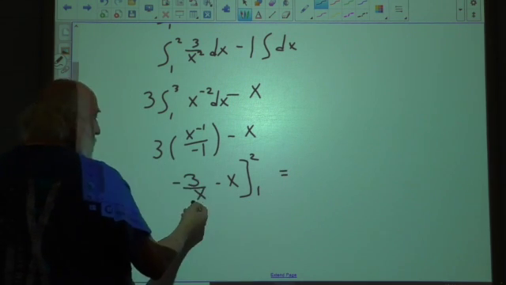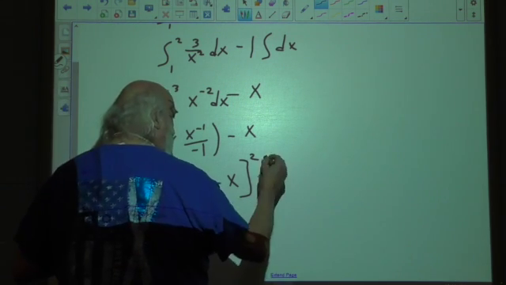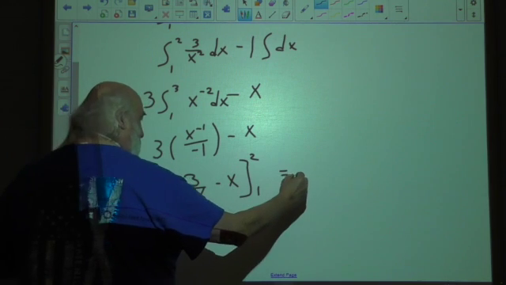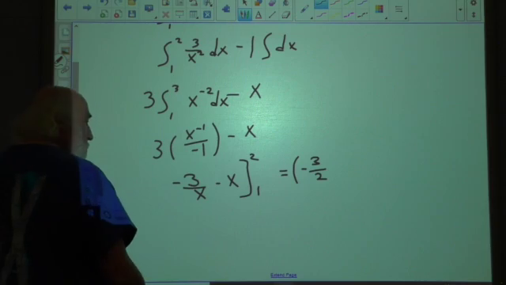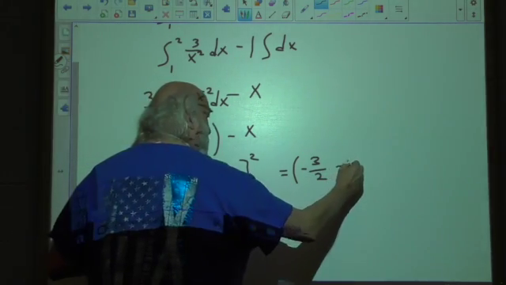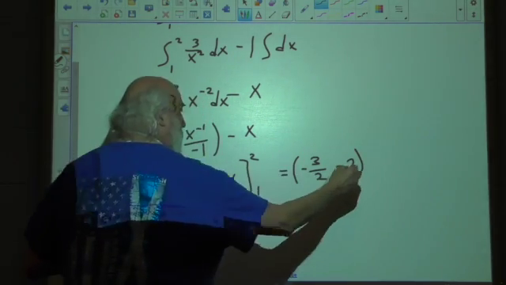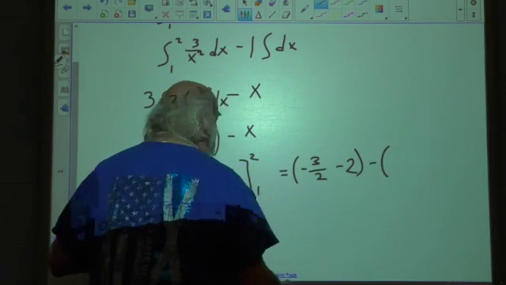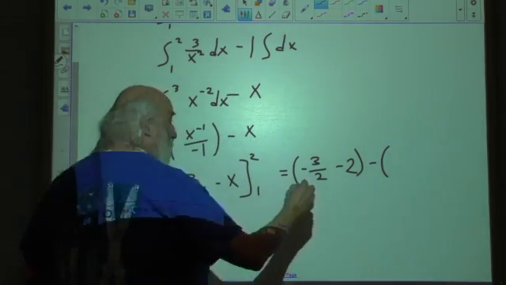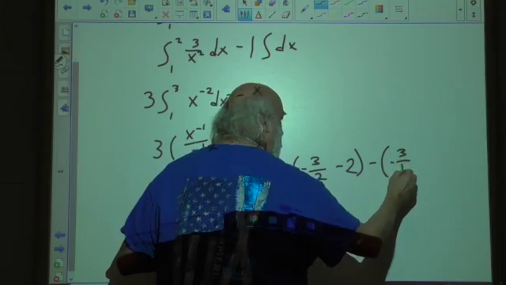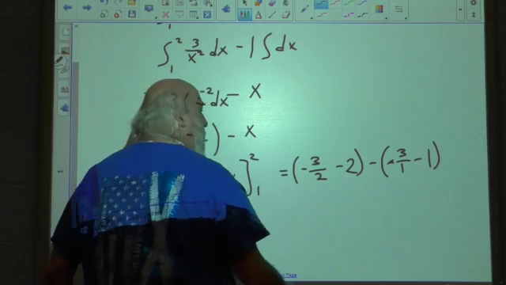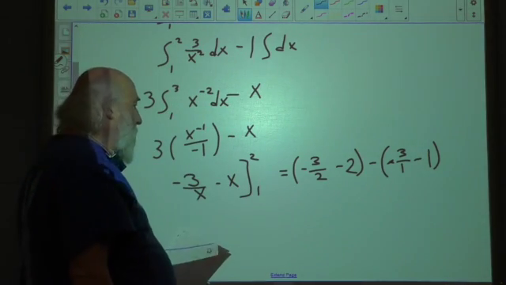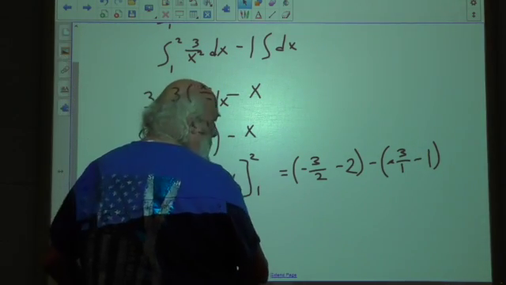So this becomes negative 3 over 2, because we start with the larger number first, the b. So negative 3 over 2 minus 2. And then we're going to subtract the a value being plugged in here. So that would be negative 3 over 1 minus 1. Okay, so we're going to do a quick little math here.